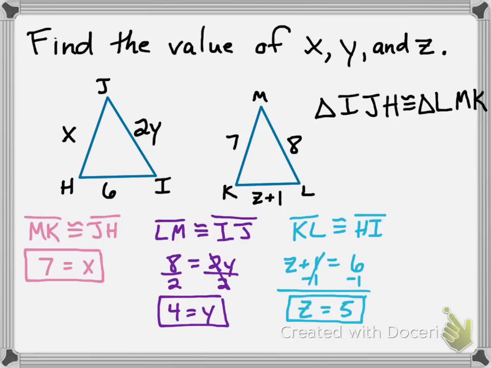And you need to be able to use the congruent statement to solve for variables in the triangles, whether they're angles or the lengths of the sides. You can solve by using the congruent statement.